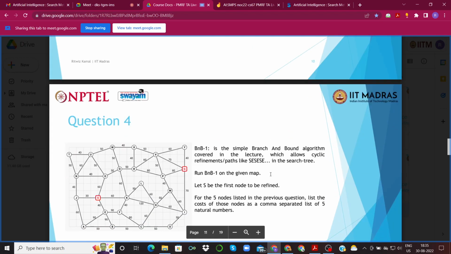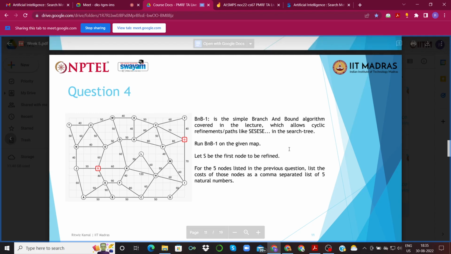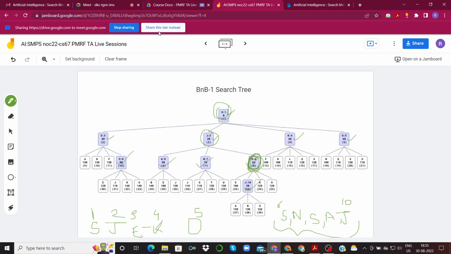Okay, so now we'll look at a variation of the branch and bound method that we just saw. If you remember, the previous branch and bound method was where we had allowed these cyclic refinements.